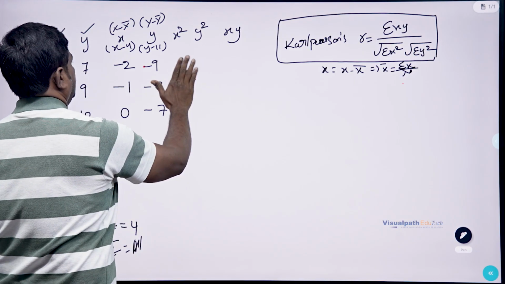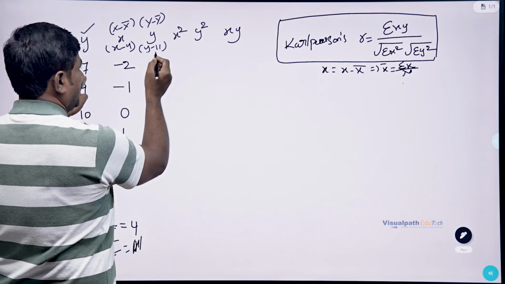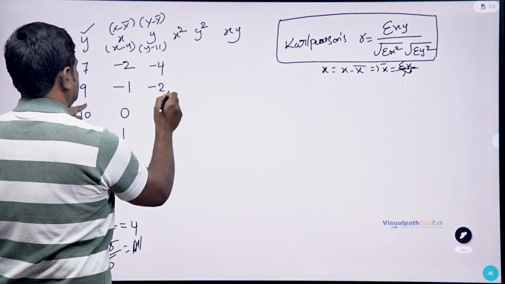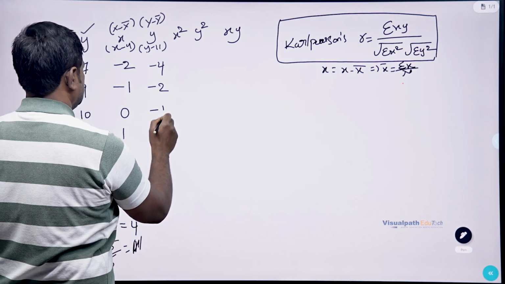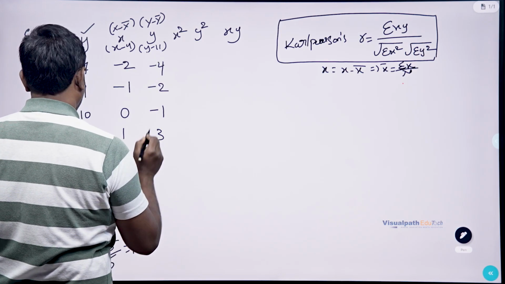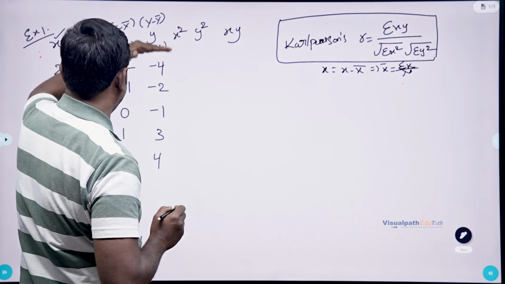Sorry, here it is Y, not X. So 7 minus 11 is minus 4, 9 minus 11 is minus 2, 10 minus 11 is minus 1, 14 minus 11 is 3, 15 minus 11 is 4. Then this is x and this is y.